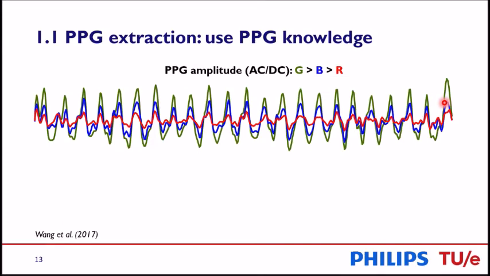However, for our method, we try to use the domain knowledge of the PPG. For example, when you see these RGB signals, you will see that they have some characteristics. The green channel has the highest pulsatile amplitude, then the blue channel, and the channel with the minimum pulsatile amplitude is the red.